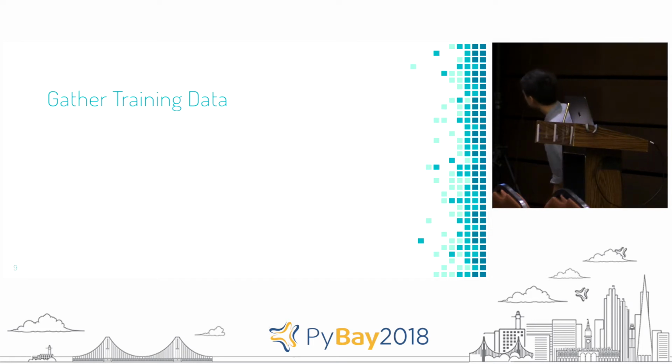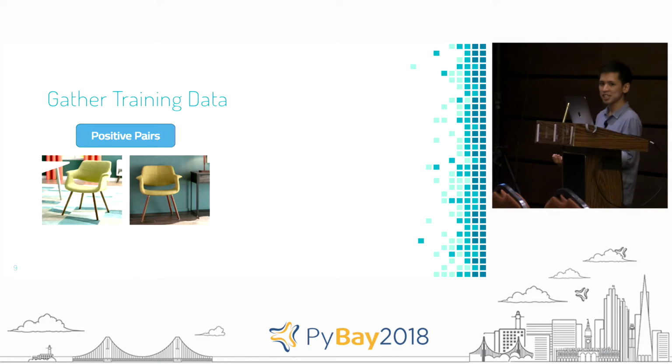So like any machine learning problem, we need to gather training data. And this training data is actually going to be pretty simple. First, it's going to be what we call positive pairs. These are two images that we want the network to embed nearby in that latent space. For us, this was just different images of the same item that we sell.